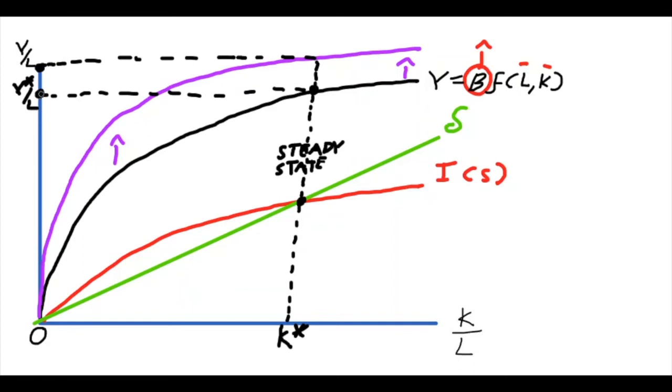So we started off at this dot and we increased it to a higher output per worker level. So this again is with no change in capital, no change in labor, but the entire economy increases in size.